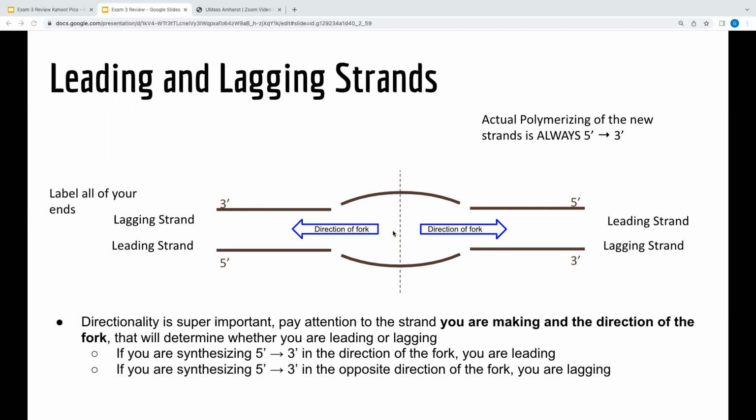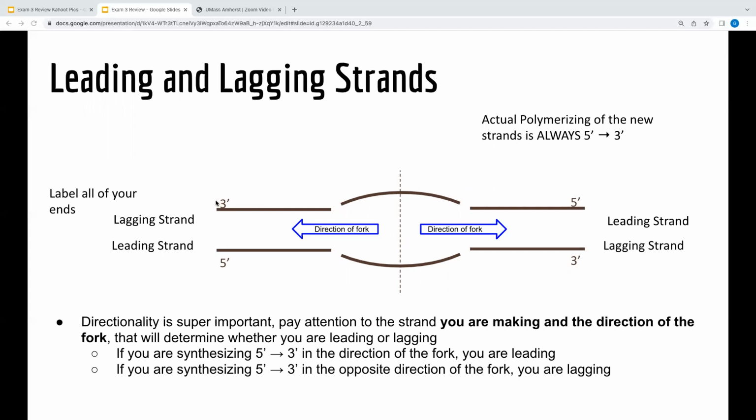And so a good way to figure this out if you're stuck is to think about the fact that DNA is always going to be synthesized from or added to the 3' end.